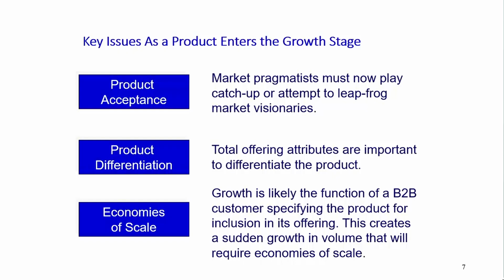Then there will be a focus on product differentiation, as I just discussed. So, there will be more and more feature-based competition, and that will lead to economies of scale oriented, cost optimization oriented, operational excellence oriented efforts. These are the key issues of this growth stage.